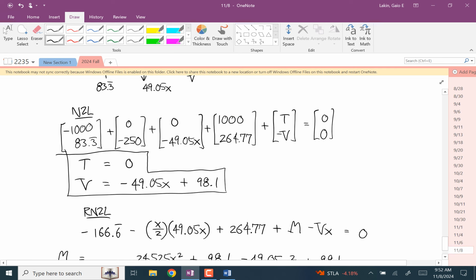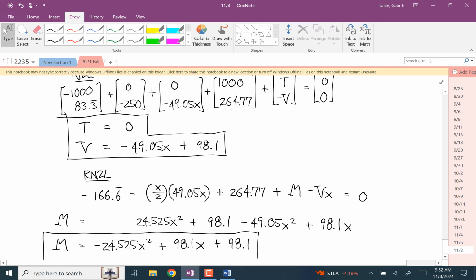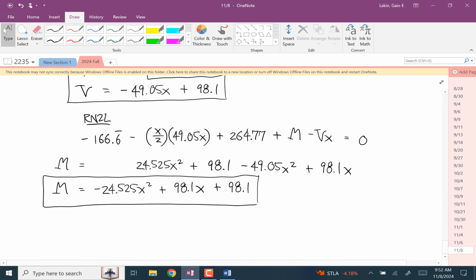So negative dV/dx is equal to 49.05. And the final answer be minus 98.1? In the first line, you combine negative 166 and 264 to get positive 98.1? Yep, you're right. And those constants on the moment is something that the derivative check won't catch too.